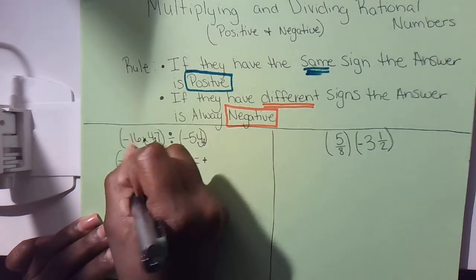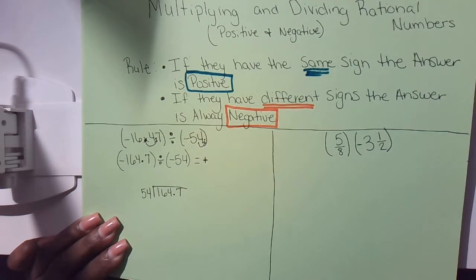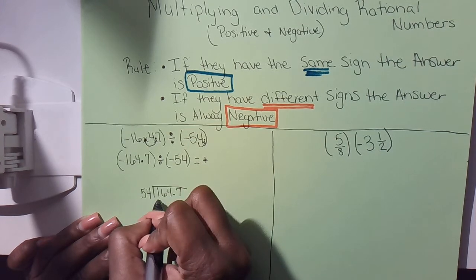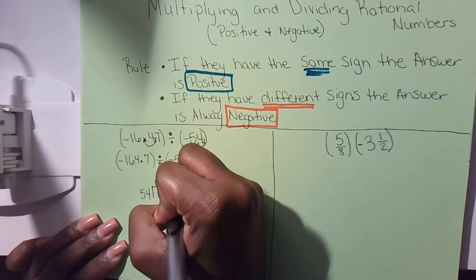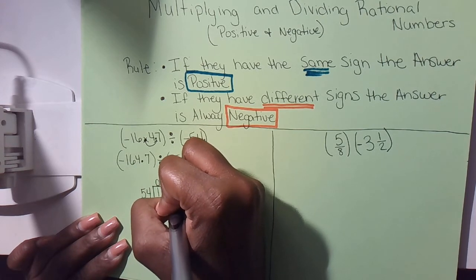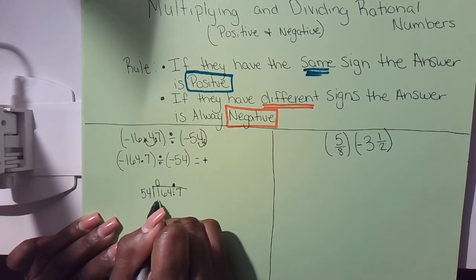Alright, and then on the outside we're going to be doing 54. Alright, I know that 54 can't go into 1, so I'm going to go ahead and put a 0. I like to do this because I like to hold my place value, and I need to move my decimal points up. Alright, so 54 can't go into 1.